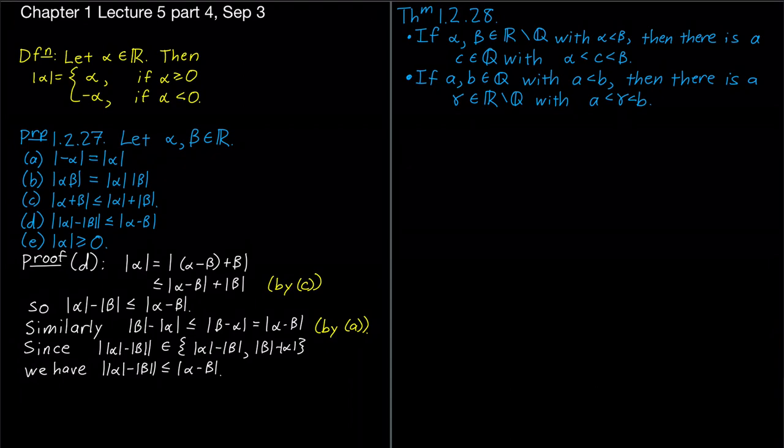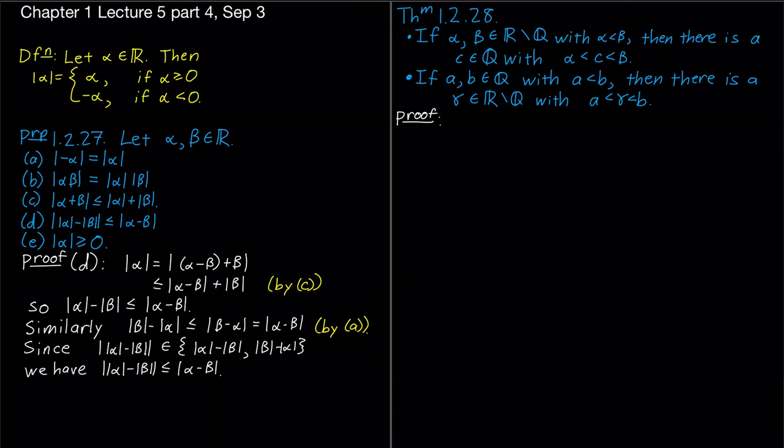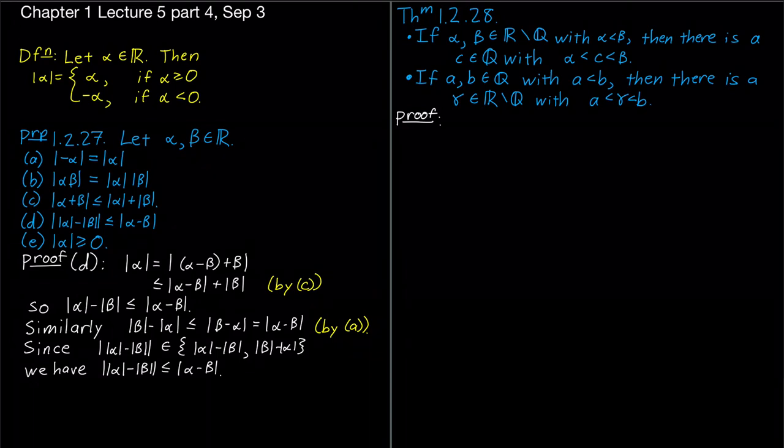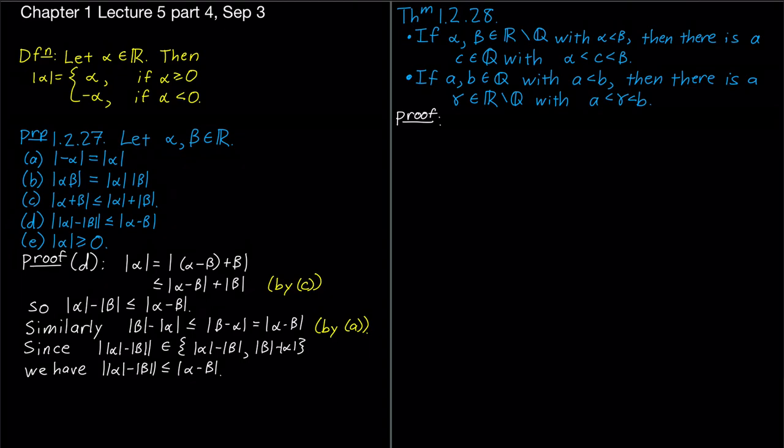Notice here we're going to be a little sloppy about the distinction between a rational number and the real number that's the Dedekind cut of all the rational numbers less than that rational number, which we identify with that rational number.